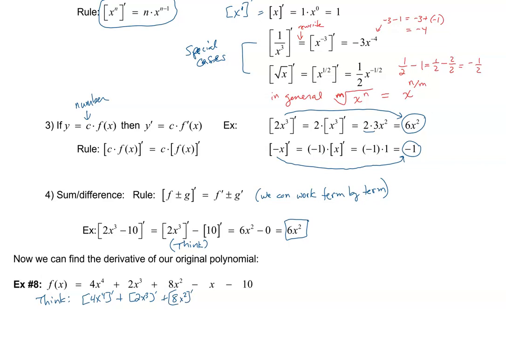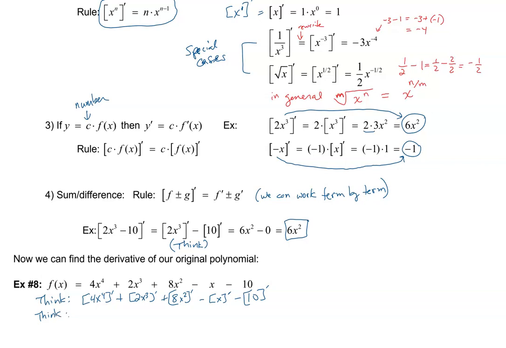So I don't expect anybody to write this all out unless it helps you. So taking the derivative, putting the little brackets with the prime mark around each piece. And then this could also be a thinking step where we think through the rules with the power and then also with the number in front.